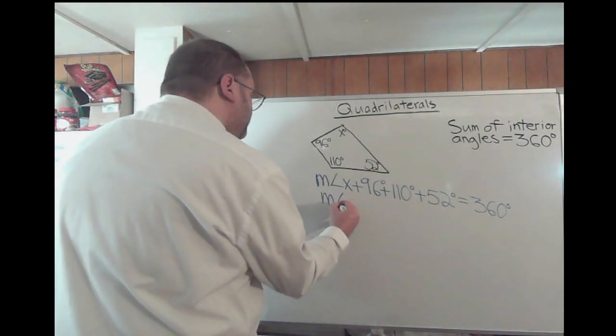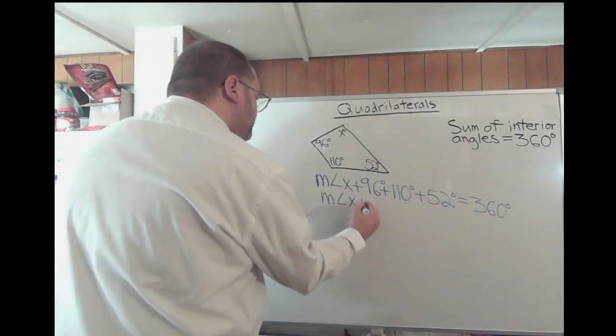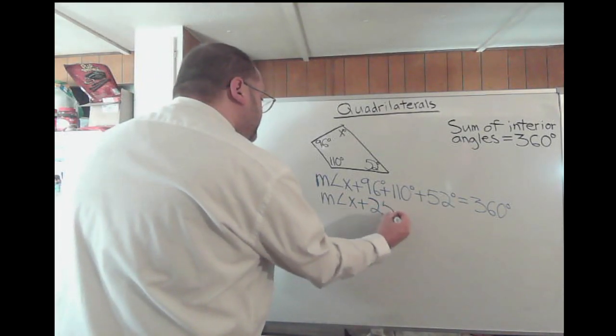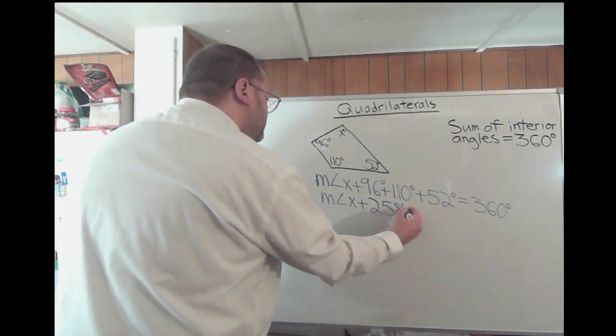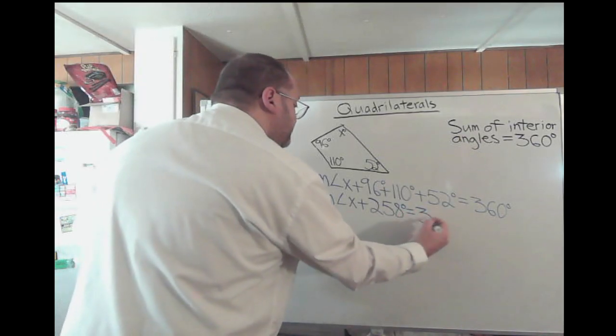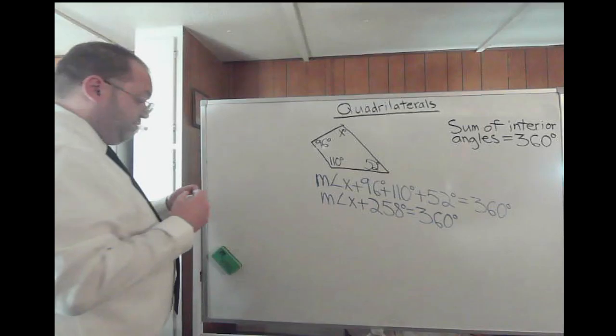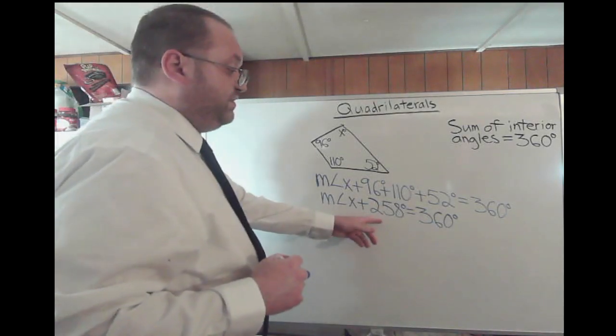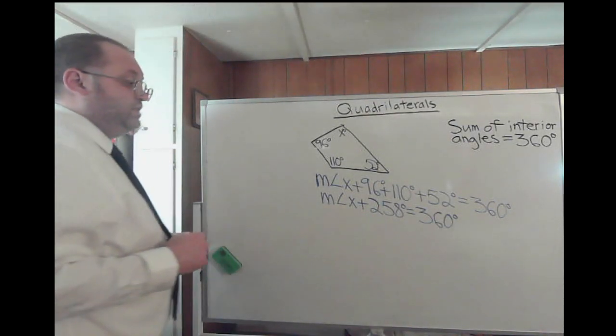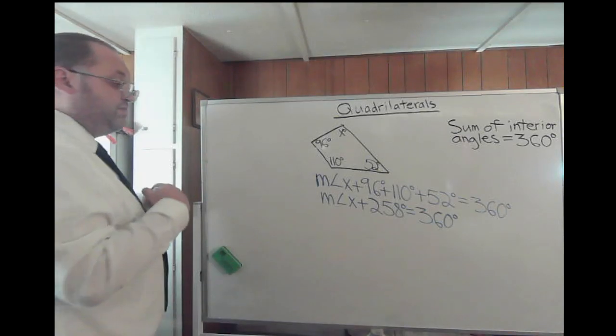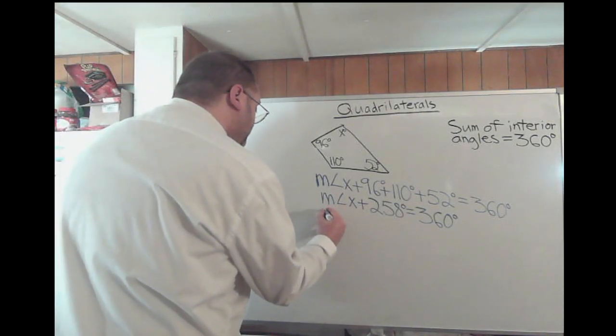So the measure of angle x plus 258 degrees equals 360 degrees. Alright, well we have the measure of angle x plus 258. We just want to find the measure of angle x. So we're going to have to subtract 258 from both sides.